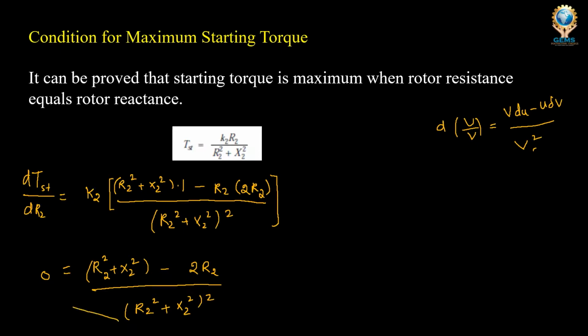If this term goes to that side, that also will become 0. Then we will get R2 square plus X2 square minus 2 R2 square. Actually here R2 into R2 comes as R2 square, equal to 0.